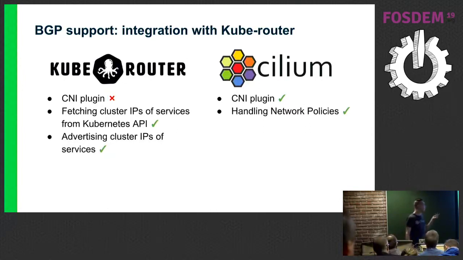So the integration was like that. Cilium runs as a CNI plugin and handles network policies, but KubeRouter runs in a mode without CNI support and only watches the Kubernetes API to advertise IP addresses.